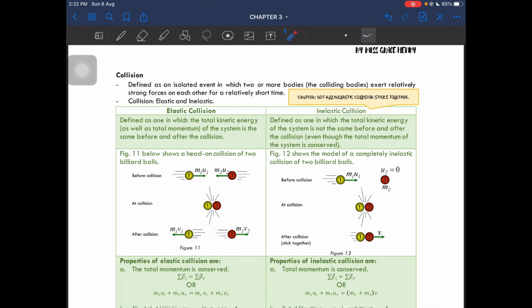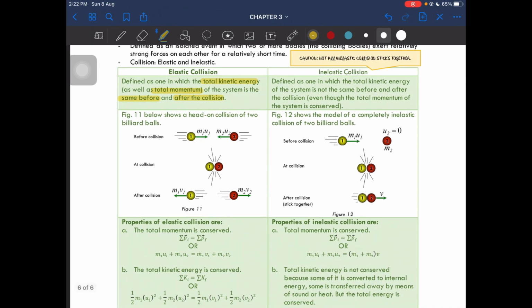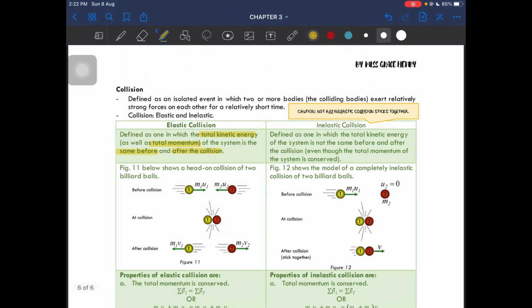So elastic collision is defined as one in which the total kinetic energy as well as the total momentum of the system is the same before and after the collision. Okay, and then for inelastic collision, the total kinetic energy is not the same before and after, but the total momentum is still conserved.